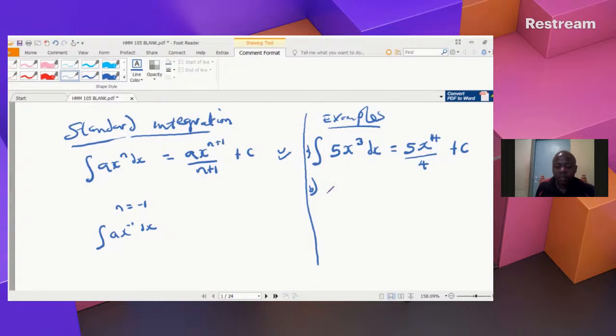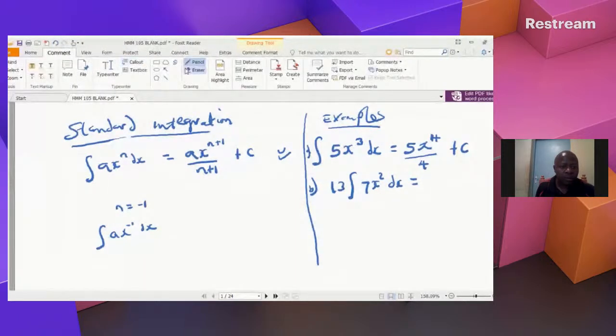We can have another example. If you are asked to integrate 13 times the integral of 7x raised to 2 dx, I wanted the constant outside the integral sign, so let me rewrite this question.